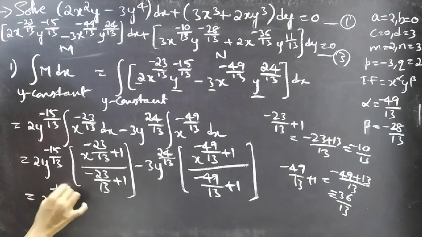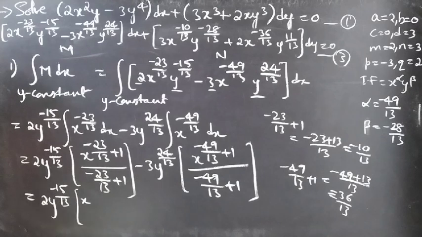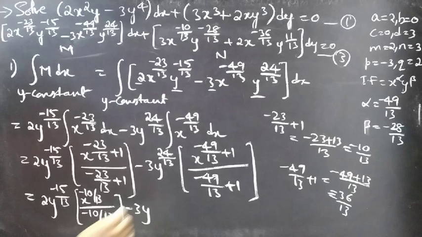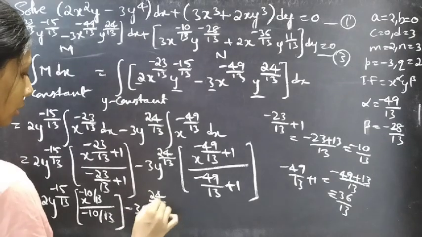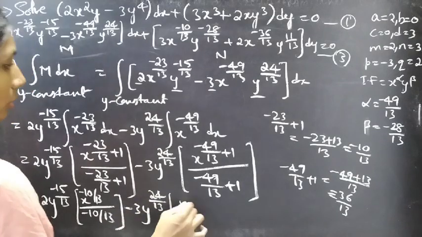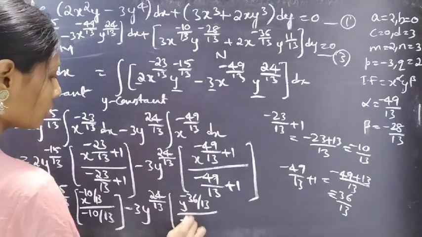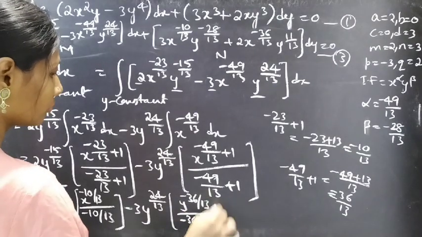So we have 2y power minus 15 by 13 into x to the power minus 10 by 13 by minus 10 by 13. Okay, minus 3y power 24 by 13 into y to the power minus 36 by 13 by minus 36 by 13.